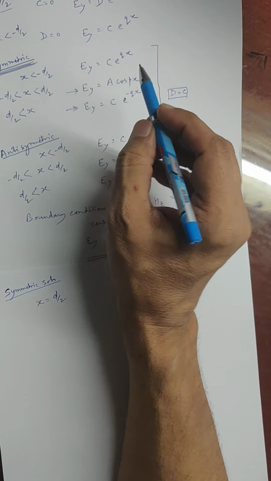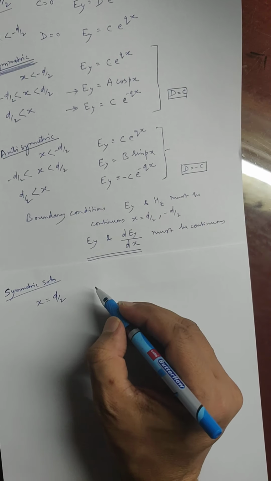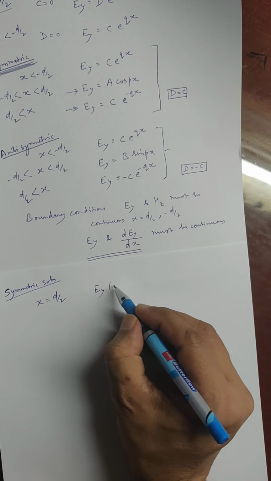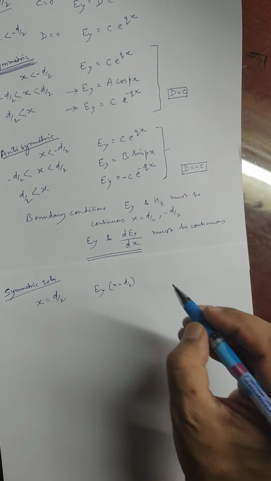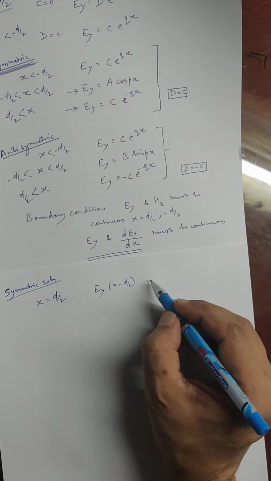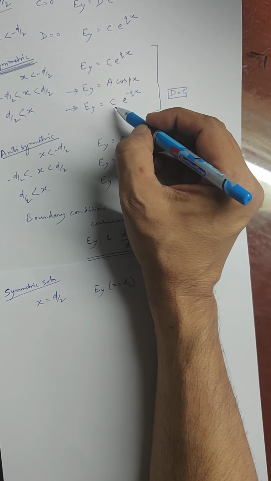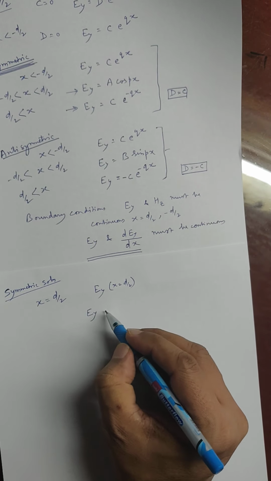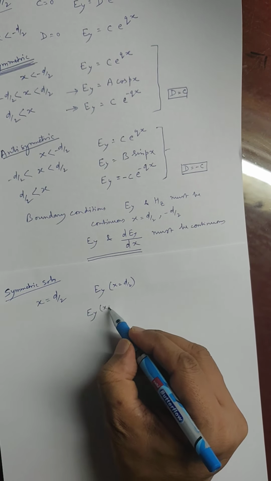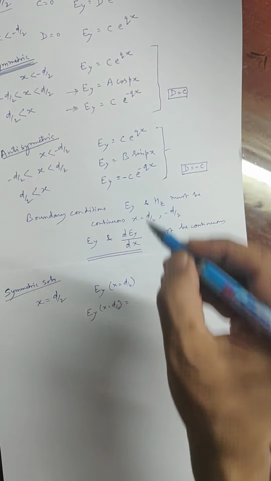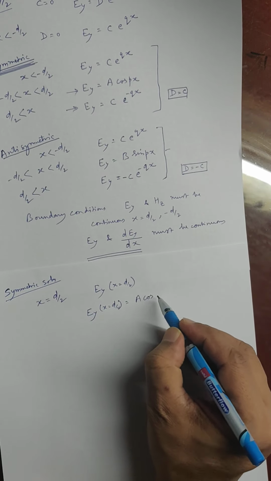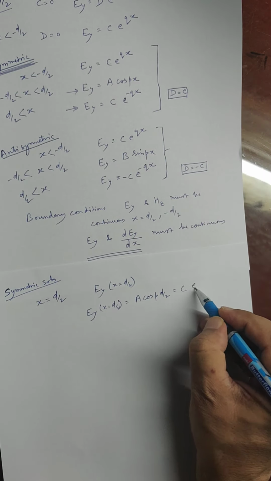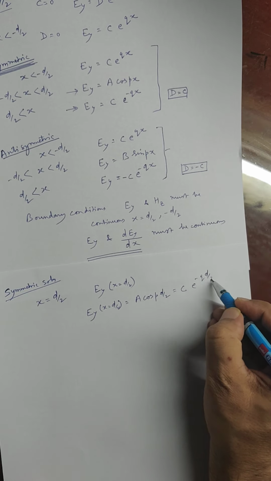So these two must be same at d by 2, which means basically that EY at x equal to d by 2 must be same in this and in this. So if I put d by 2 over here, EY at x equal to d by 2 is equal to, in this case, A cos p d by 2, and here it would be C e to the power minus q d by 2.